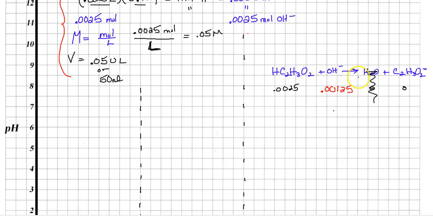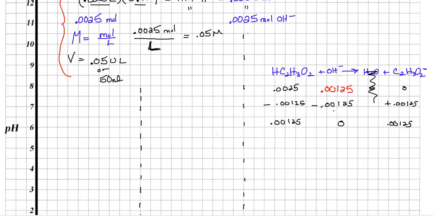Now, this is driving it forward, and this would be the limiting reagent. We go 0.00125. This would be plus 0.00125, and this would be minus 0.00125. And if you can see that, this would be 0, and this is the halfway number, so when you subtract it, you get 0.00125, and this you're adding to 0, 0.00125.